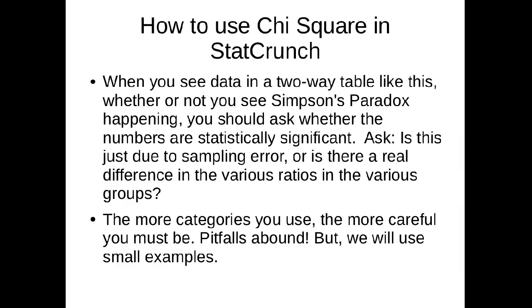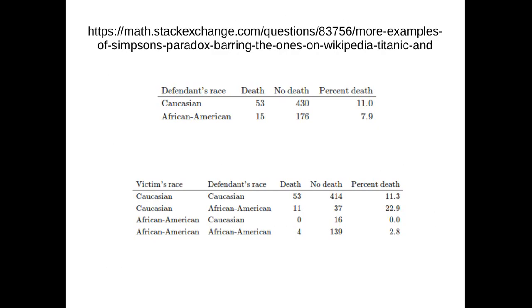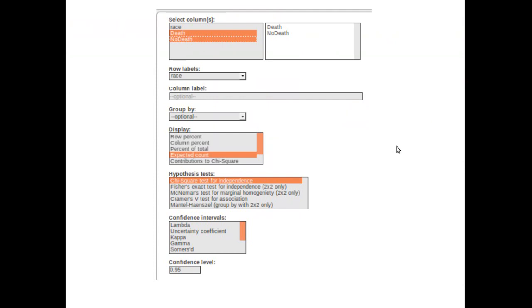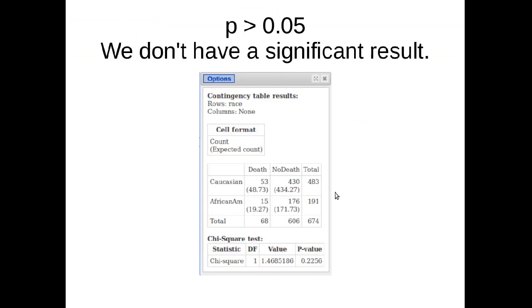Now, if we go back to this box over here, we have 53, 430, 15, 176. We're going to copy these down, and we're going to go in StatCrunch. We go Stat, Tables, Contingency, with Summary, and then we select the columns we want, the row, etc. You can just follow the instructions here on these slides, but the point is we get this result from StatCrunch, and what StatCrunch does is it echoes back the numbers we gave.